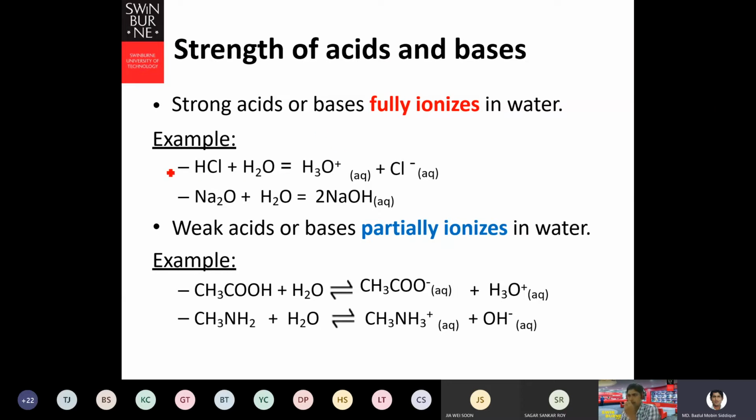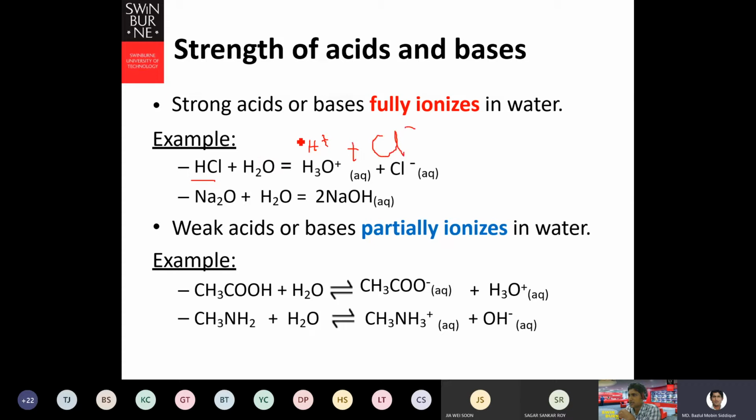For HCl, if we put it in the water, 100% will be charge separated, and it will produce hydronium ion. Most of the time we show it this way, as H plus and chloride ion.